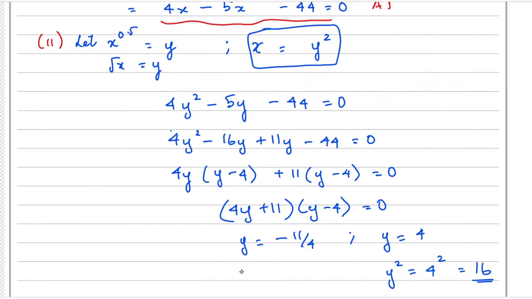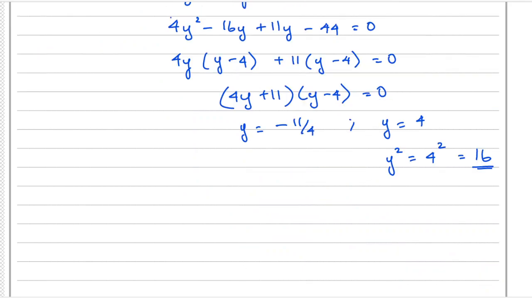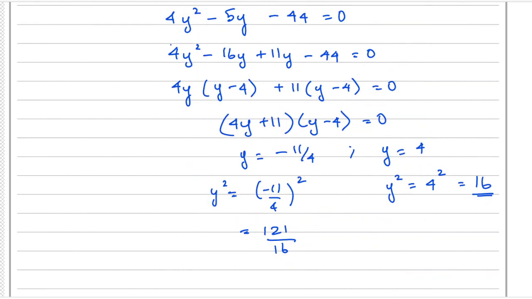Now for this one, I have y is equal to minus 11 by 4. So the next solution would be the square of this, which is negative 11 by 4, the whole square, which will give me 121 by 16, right? So that is the x value for the second one. But the common mistake is that you cannot get any square root value as negative.